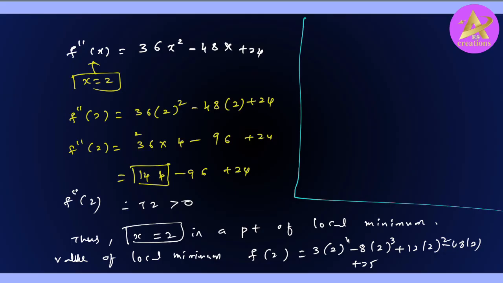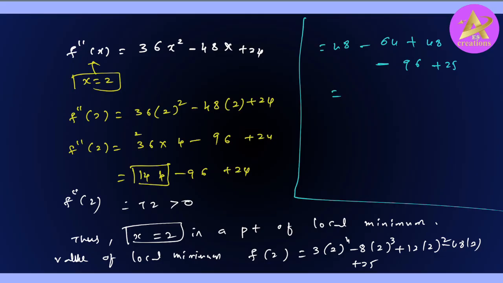2 to the power of 4, multiply 2 four times, we get 16, into 3, 48. And minus 2 cube is 8, 8 eights are 64, plus 2 square is 4, 12 into 4 is 48, and minus 48 into 2 we get 96, and next plus 25.